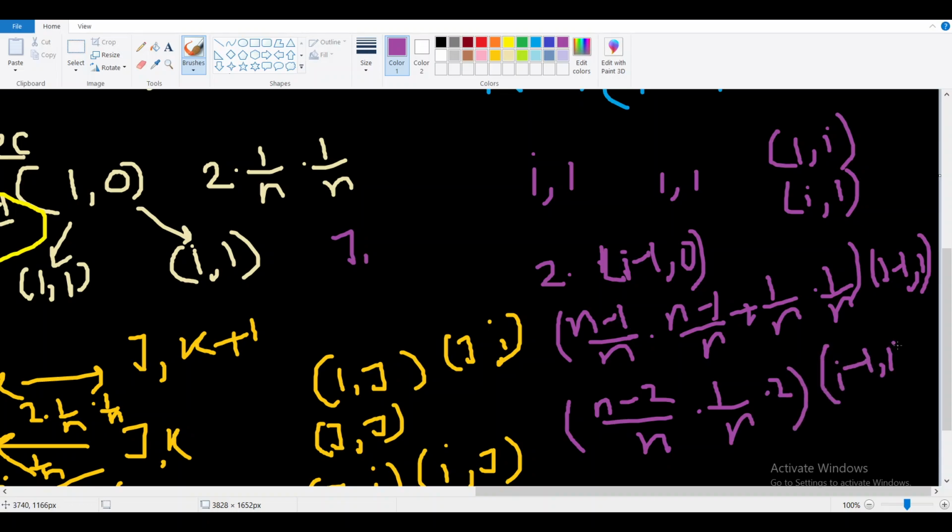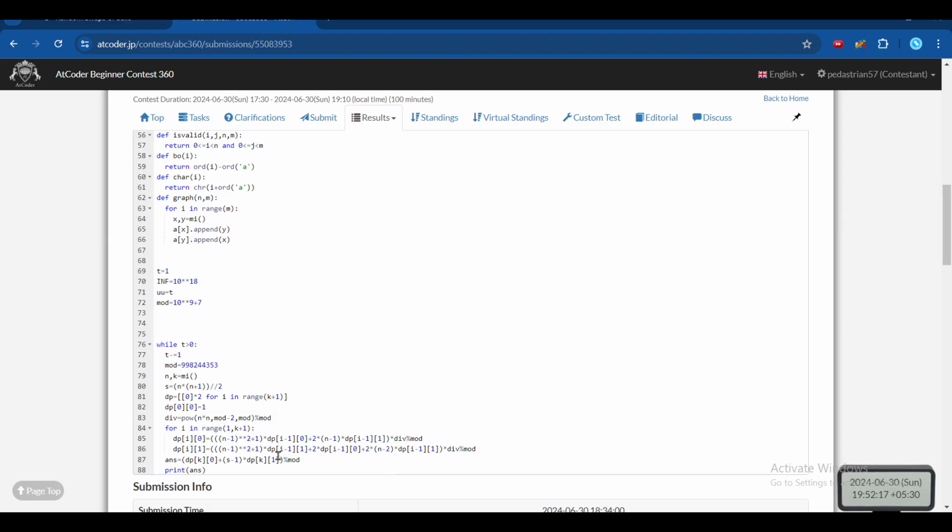Okay, that is the step. So the first step is that the ball is at the current index. The second step is that the ball was at the first index and moved to the current index. That's why we are multiplying it by dp[i-1][0]. And the third step is that the ball was not at the current index and also not at the first index, so it is coming from any of the other n-2 indexes. Okay, so we got it.